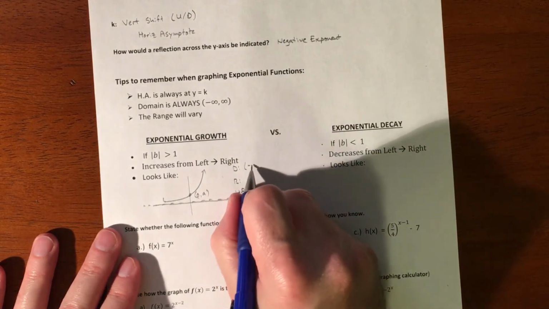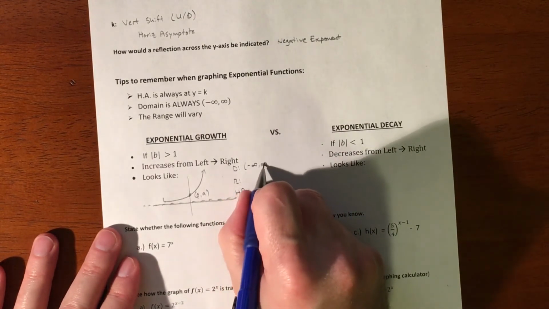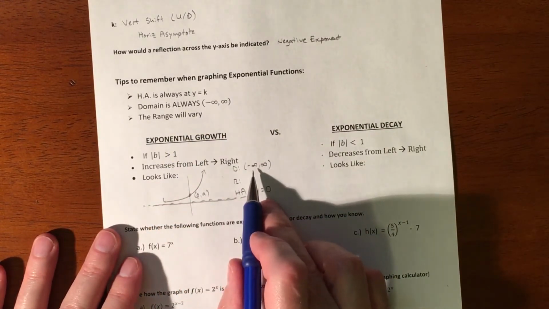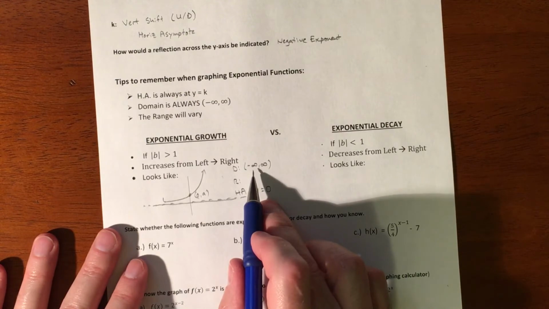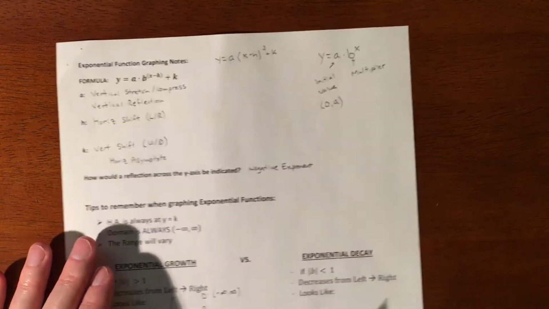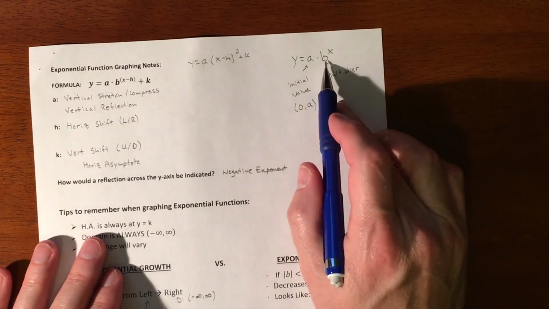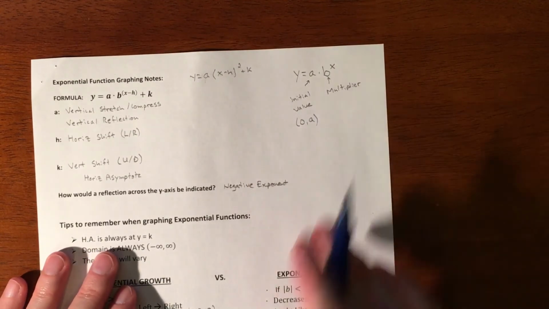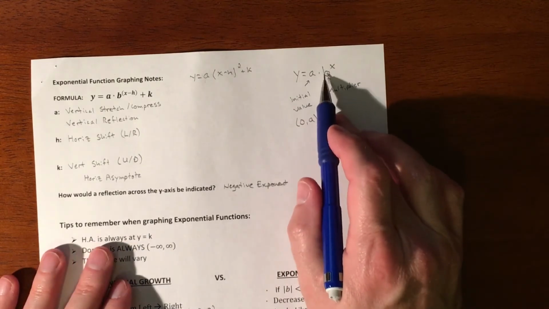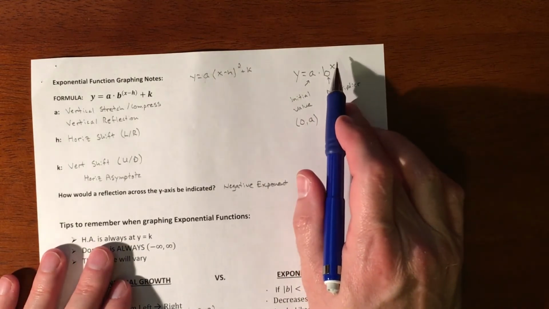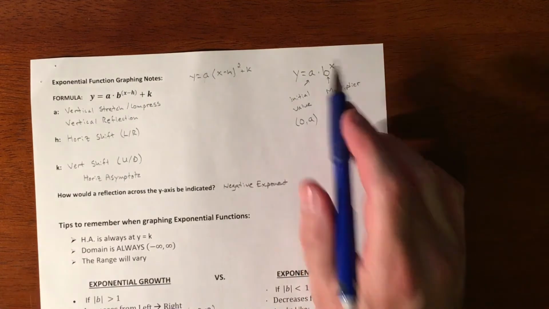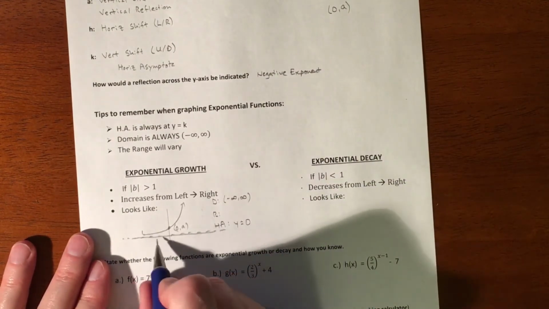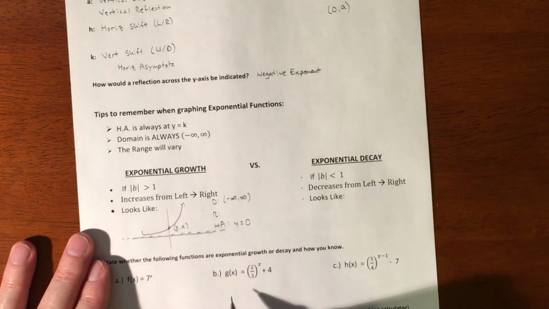Your domain is going to go left and right forever. That just means you can plug in anything. You can take 2 to the 5th, 2 to fractions, negative exponents, positive exponents, it doesn't matter. So your domain is anything, and your range is very dependent upon what direction your graph is going and where the horizontal asymptote is.